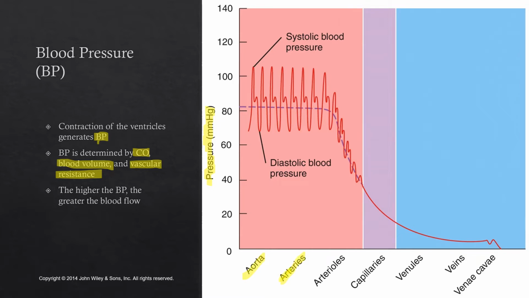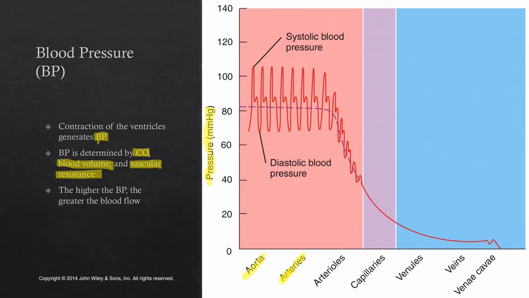We're going to see the highest blood pressure, and that's because from the left ventricle, it goes directly into the aorta and into your systemic arteries. And so that left ventricle is going to produce a lot of pressure, and that pressure goes directly into the aorta and arteries. Therefore, they're going to have the highest pressure there.